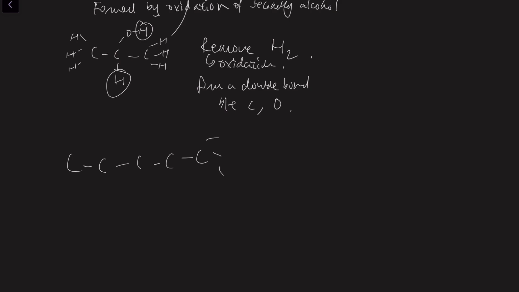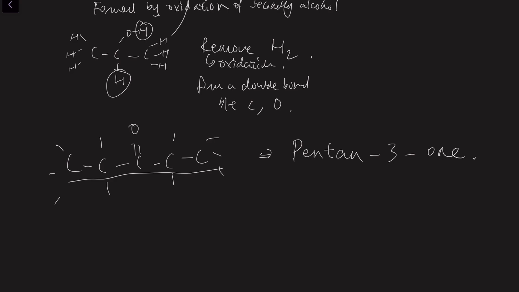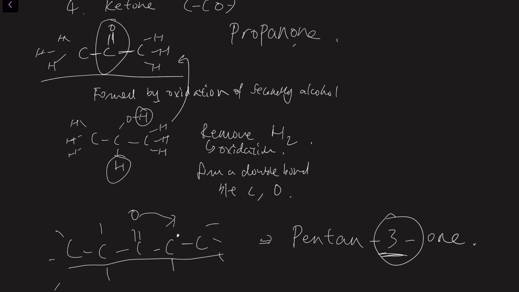If you have something more complicated like this, you need to assign the position number. So this has 5 carbon atoms. Drop the e, and assign the position number 3, because if you don't give the position number, maybe it's possible for the ketone to end up on the second carbon.